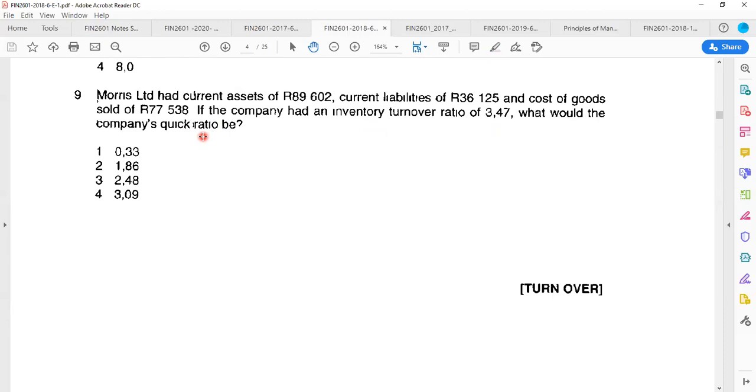So put the video on pause, write down the formula for the quick ratio. After writing down the formula, check to see if you've been given everything you need. If something you need for this formula is missing, it means you need to use another ratio, maybe the inventory turnover ratio, to get whatever is missing to calculate the quick ratio.